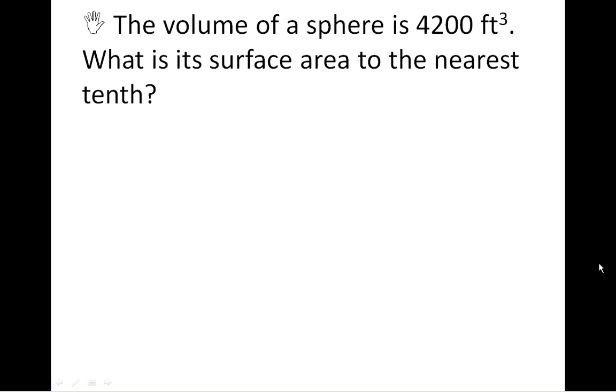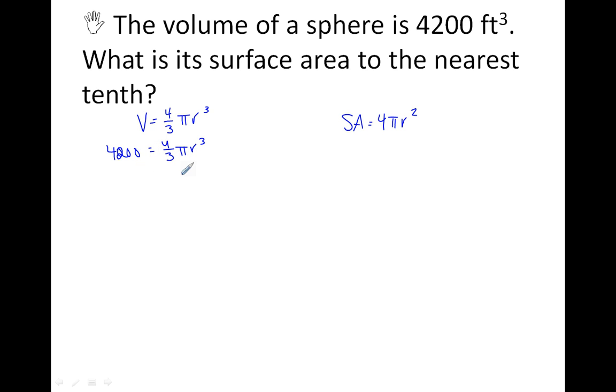Okay, another example just like that. This time we're looking for surface area to the nearest tenth. So again, volume is 4/3 pi r cubed. Surface area is 4 pi r squared. Now we know that the volume is 4,200. So if we plug that in, we want to solve for r.